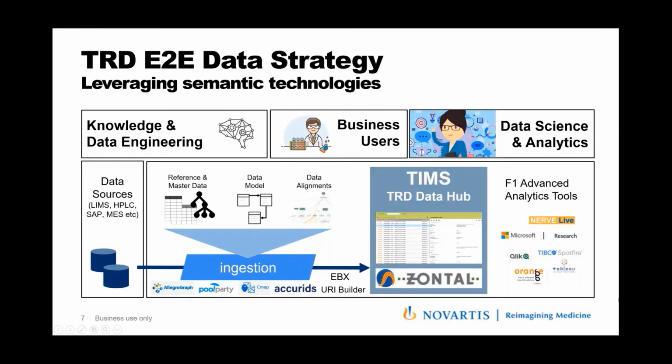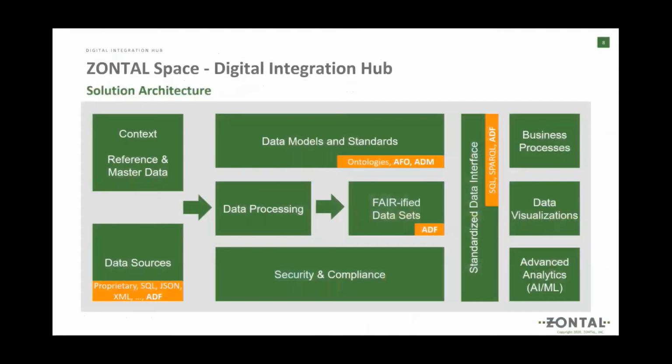And then on the right-hand side, you see again the analytics tool sets that the company is making available, not just to TRD, but to every other department that is managing data. And that's essentially at the end where the data scientists then are working with the data. And with that, I'd like to hand over now to Wolfgang, giving you some more details on the solution that's been built.